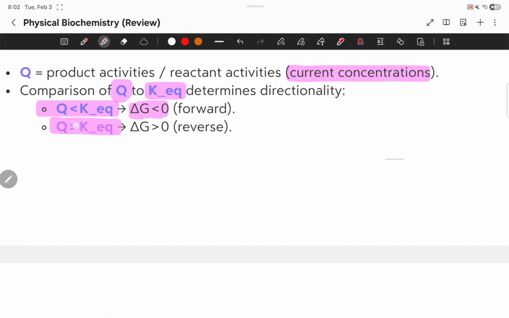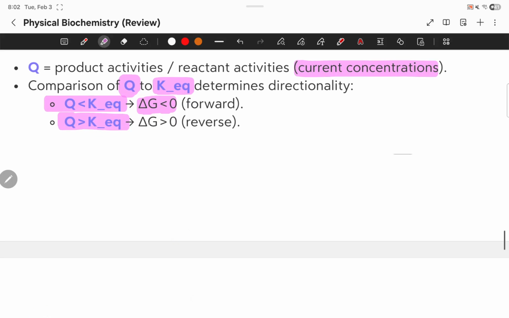If Q is greater than the equilibrium constant, then delta G is going to be greater than 0, okay? So, in summary, Q and delta G are proportional, okay?